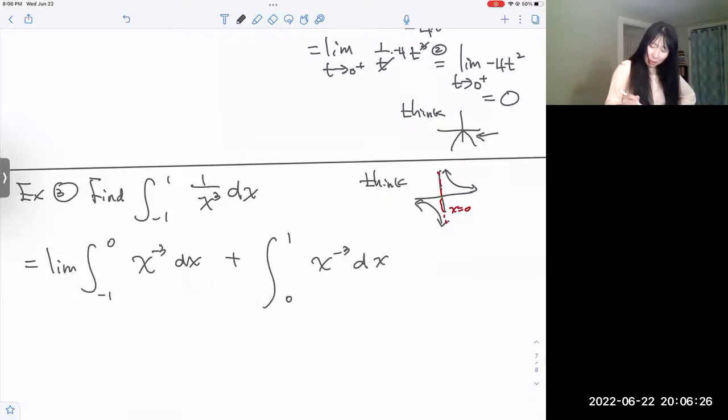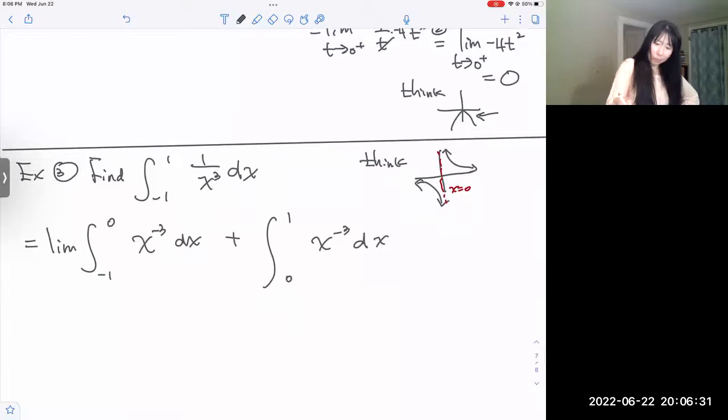Okay, we take the limit after this. I'm going fast. All right, so 0 is the spot, right? So we make this side from the left, we make this one from the right. Okay, all right, let's do this one.